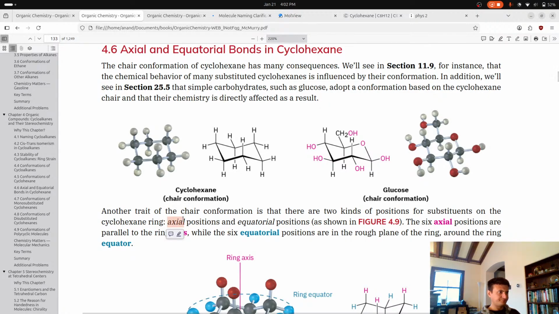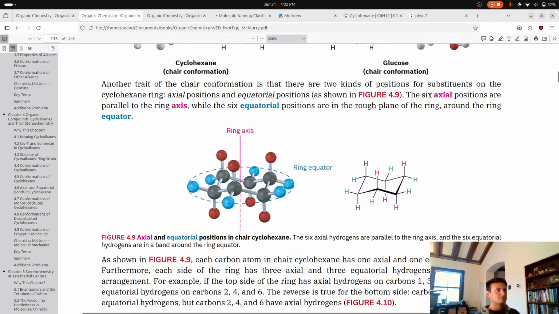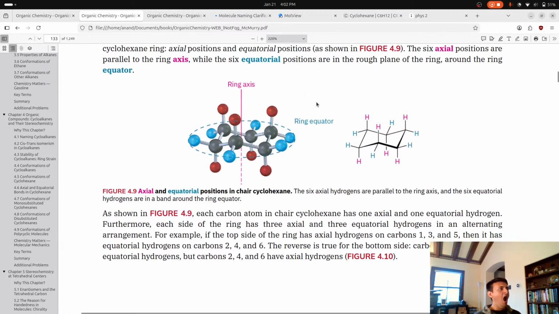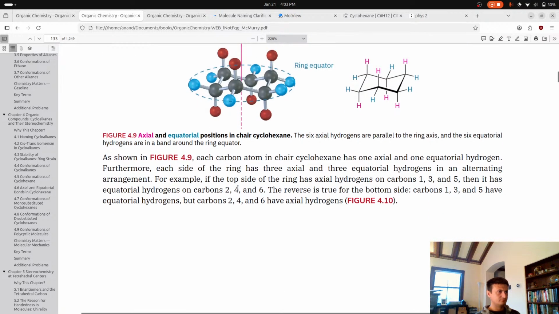Another trait of the chair conformation is that there are two kinds of positions, one axial and one equatorial.